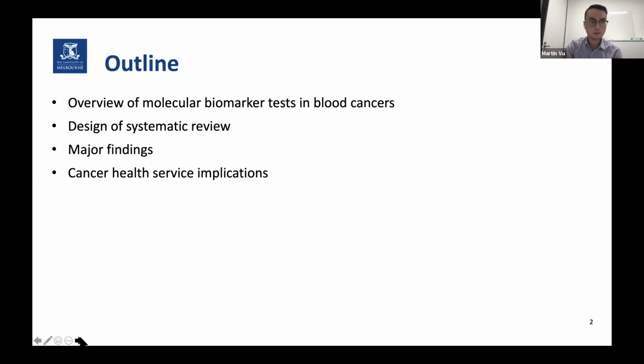A brief overview of the presentation outline: I'll provide a brief introduction into molecular biomarker tests and what exactly they are within blood cancers. I'll also talk about the design of the systematic review before I present my major findings and synthesize those findings into a forward-looking picture about what this means for cancer health services.